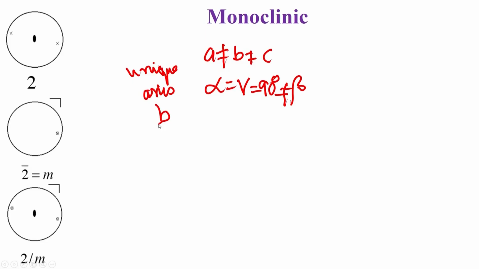In fact, this is a definition which can be variable. That means, if the two-fold axis is along the x direction, along the A axis, or it could be along the C axis, those are referred to as non-standard settings. A standard setting is the one in which the unique axis is B as far as monoclinic systems are concerned. So, generally the monoclinic system is defined with respect to the B axis being unique.